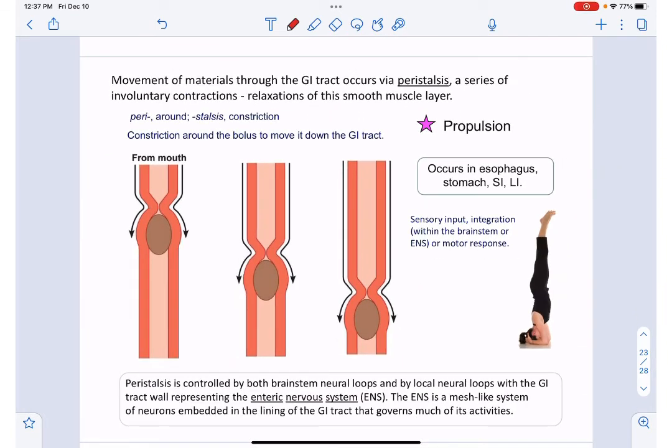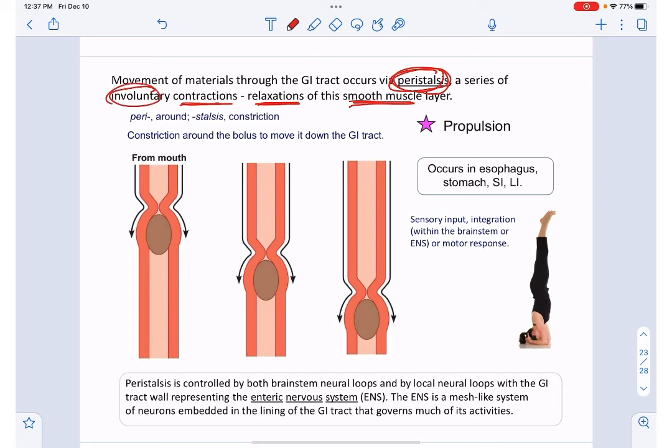Let's take a closer look now at how this food is actually moving through the GI tract. Like I mentioned in the previous slide, this is going to occur through a process called peristalsis. Peristalsis is a series of contractions and relaxations of the smooth muscle layer that's going to propel that food down through the alimentary canal.